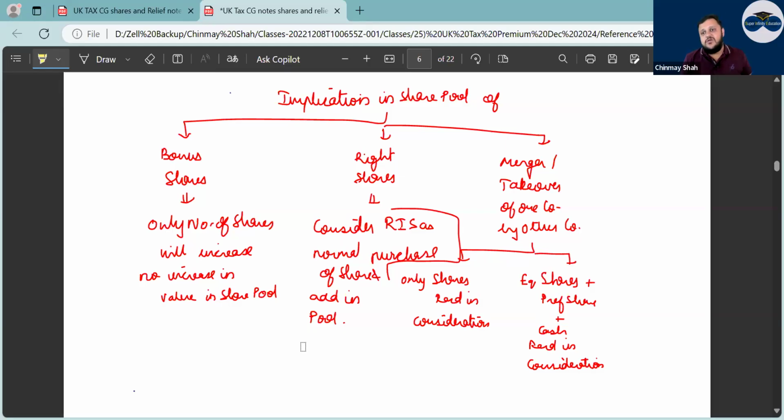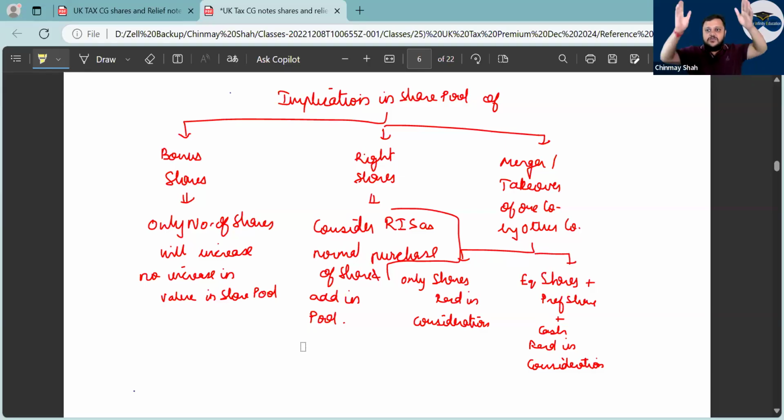But when there is merger or takeover of one by the other, what happens? Old shares are cancelled and either cash is given, new shares are given, or new equity plus preference shares are given. So in that, what is the question? In the share pool, how to distribute the cost of acquisition? Old cost of acquisition to the new shares given, because old company has been closed and new company has started.